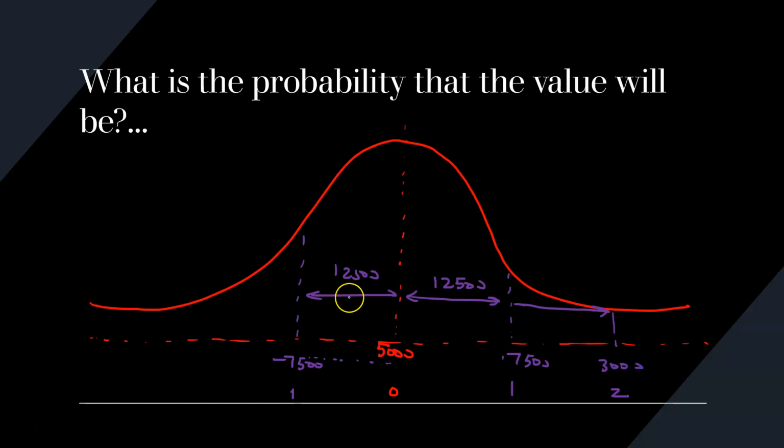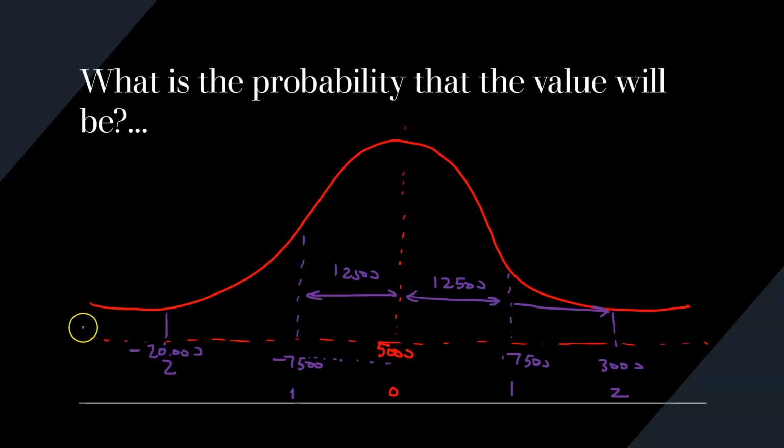And I could be 5,000 minus 25,000, which is minus 20,000, two standard deviations in the other direction.